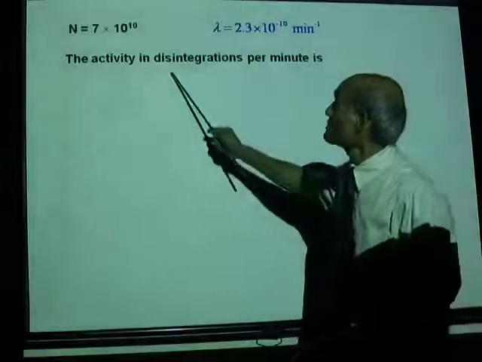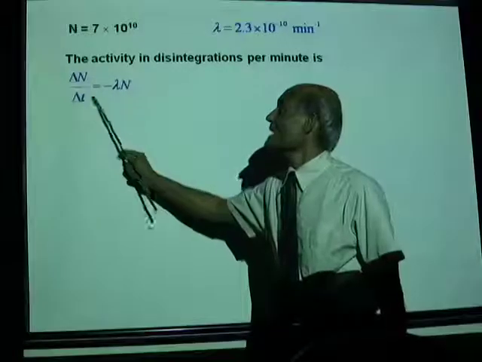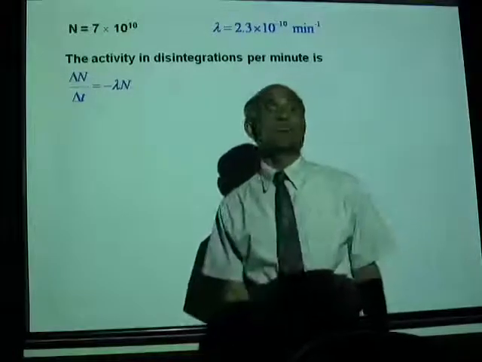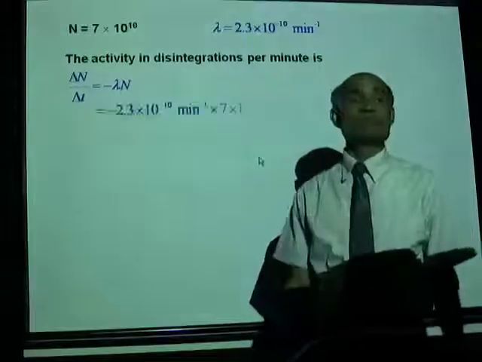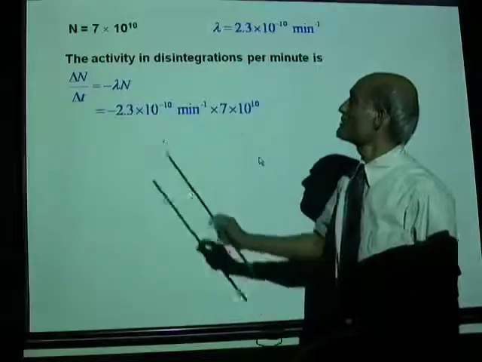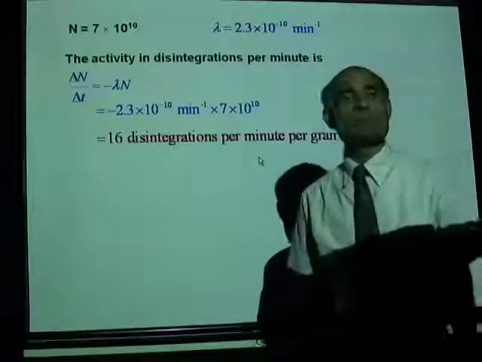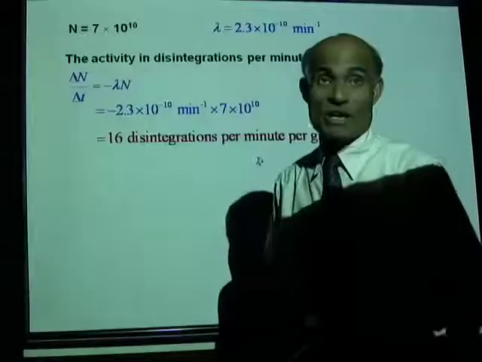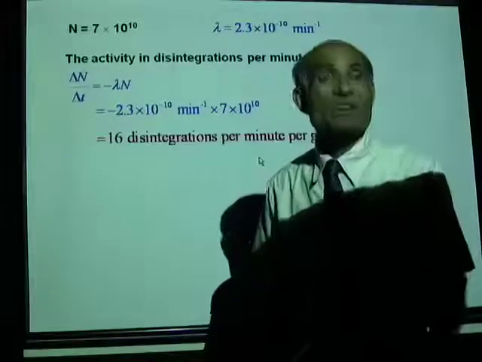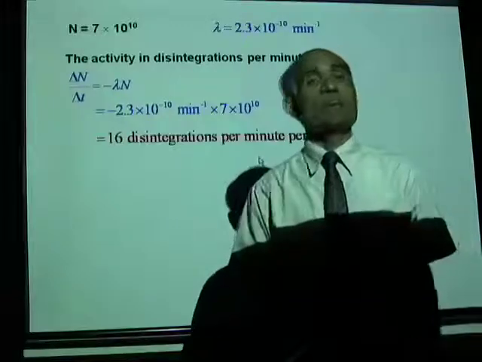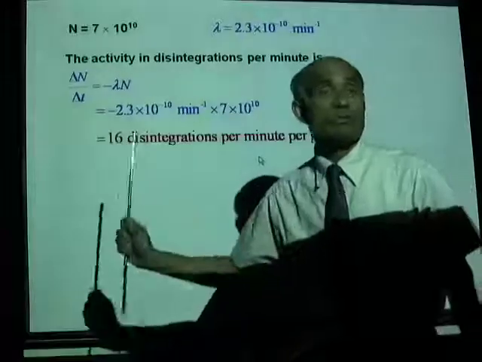And therefore the activity in disintegrations per minute is delta N by delta t equals negative lambda N. We know the value of lambda, we know the value of N, and using those it will give you 16 disintegrations per minute per gram. So for every gram of carbon there are 16 disintegrations of carbon-14 happening per minute. That's a good problem. I want you to look through that one more time.